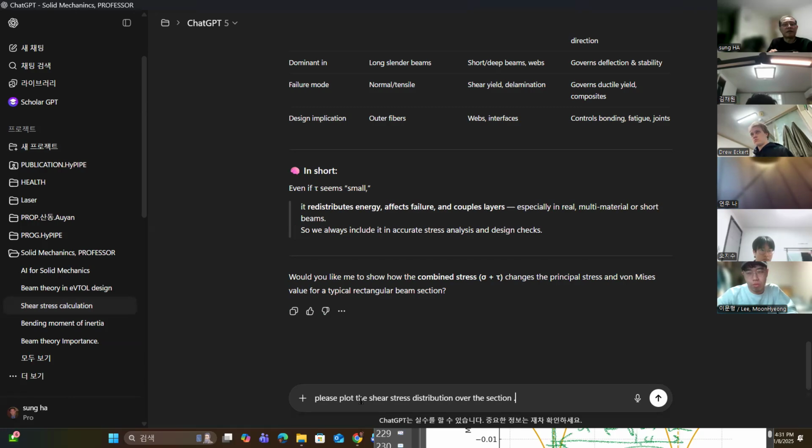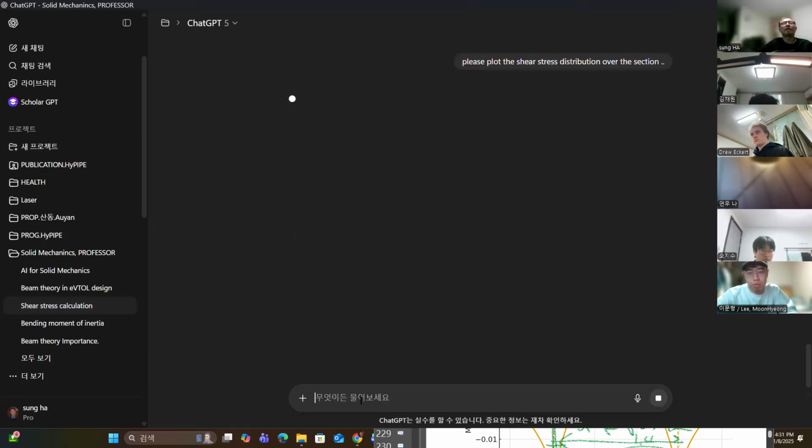Let's see. What we would like to see is that the shear stress is parabolic, maximum at the middle, and zero at the top and bottom. I forgot to mention the rectangular, but let's see. Plot the shear stress distribution over the rectangular section.